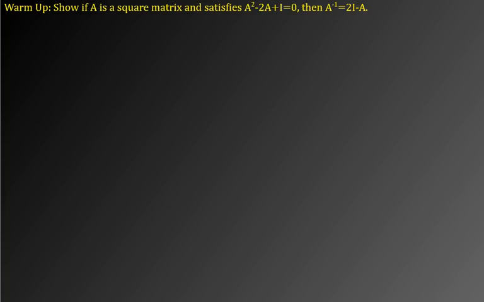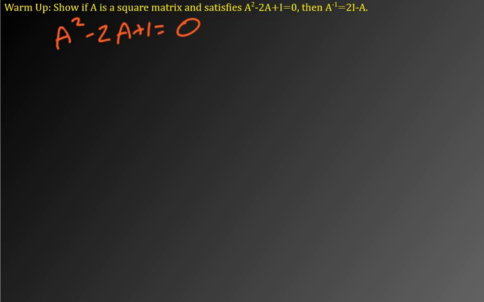If A is a square matrix and satisfies this, then show that A inverse equals 2I minus A. So it's really just more of an equation kind of problem. You're just manipulating the algebra off of this equation right here.